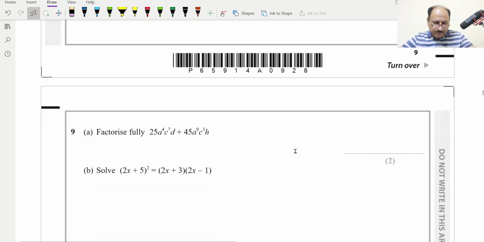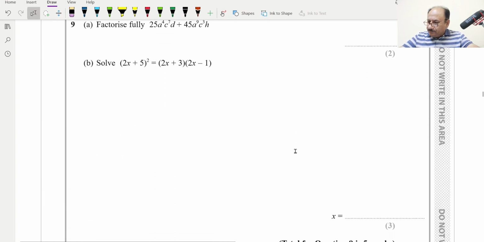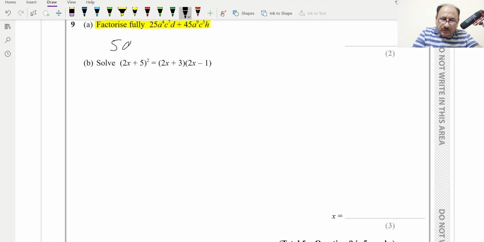Hopefully you understood this. Question number 9 says factorize fully this expression. So we will take common 5, and a raised to the power 4 is also the maximum common, then c raised to the power 3, and d is not there in both and h is not there in both.